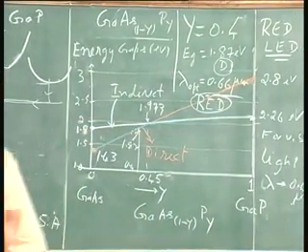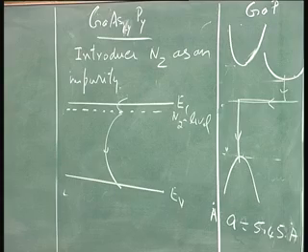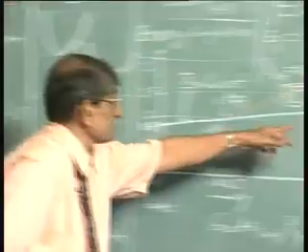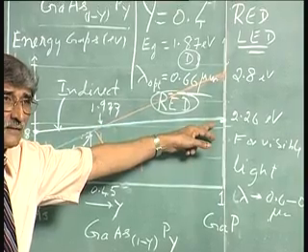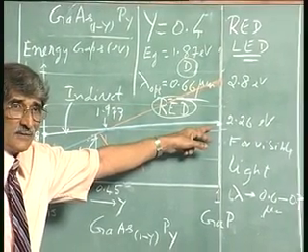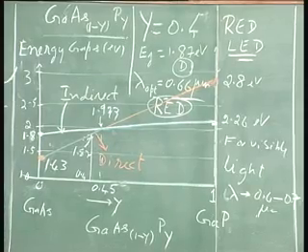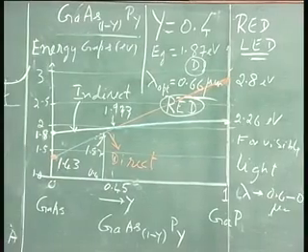So, that is how they are able to make use of even gallium phosphide, which is 2.26, and add nitrogen impurity to that.